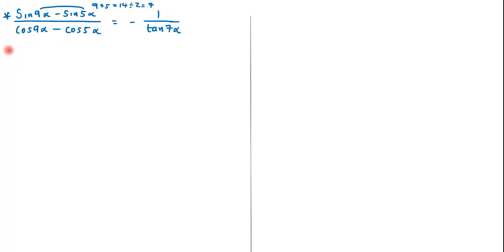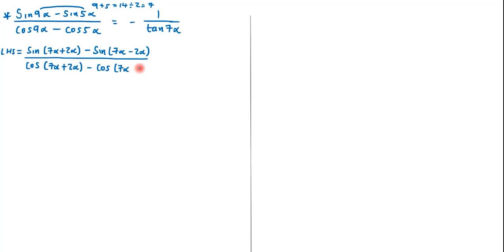So which means now here on my left hand side, I'm going to be changing this part into sine 7 alpha plus 2 alpha minus sine, again 5 is going to be 7 minus 2. All right, so we're going to do the same thing at the bottom. Cos, which is 7 alpha plus 2 alpha, and then minus cos, so it will be 7 alpha minus 2 alpha.